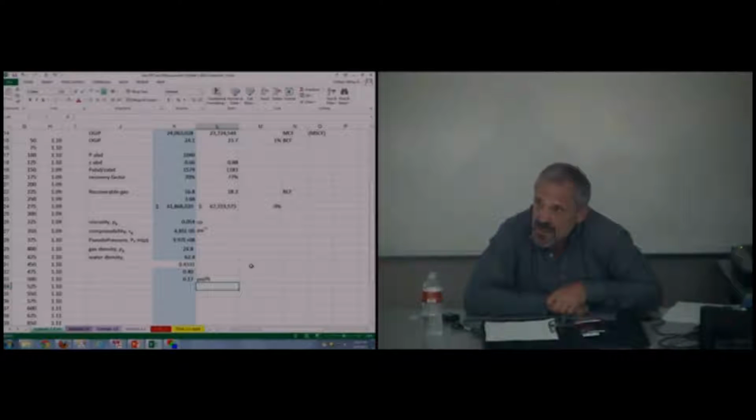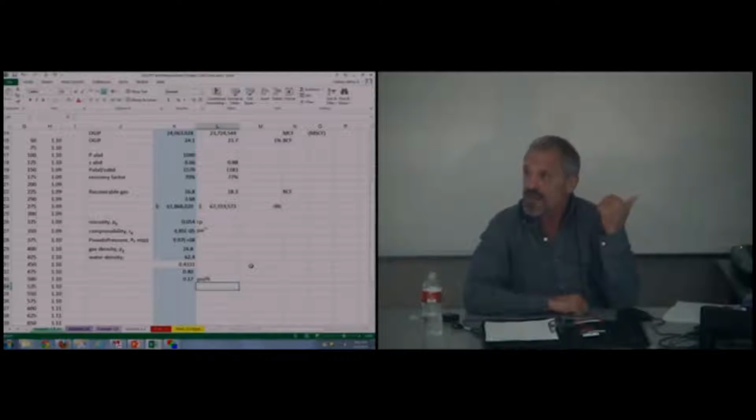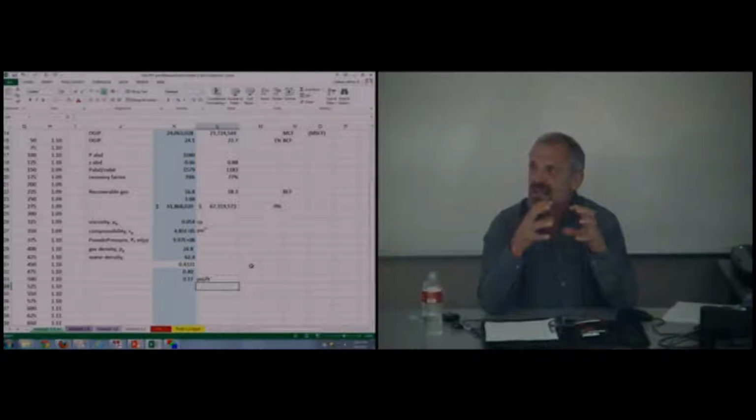If we take the gas density divided by 29, is that? No, when you divide by 28.96, which is the molecular weight of air, you get the gas gravity. Okay, I realize this is really confusing, but the gas gravity of air is 1, okay? But its density is a function of temperature and pressure.